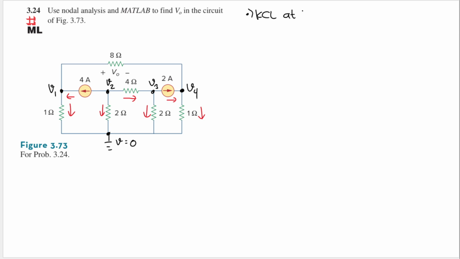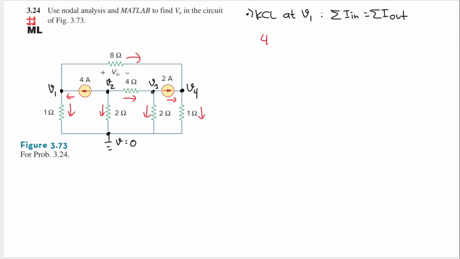KCL at V1. Remember that KCL says the sum of the currents that go in is equal to the sum of the currents that go out. For this V1 here, the only current that goes in is this one, the 4 ampere source.